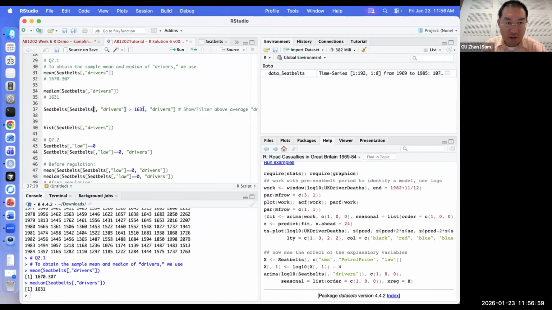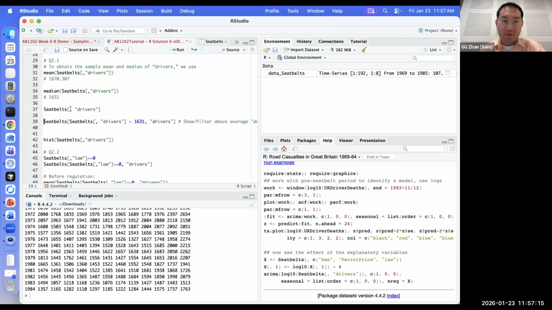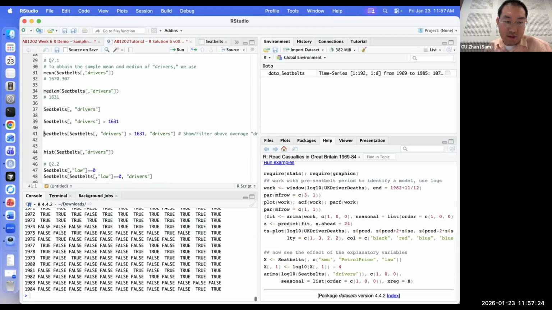So this driver count is greater than this. To the left of the comma is a condition, right? If we do not add any condition, we have this, all the total drivers. Now I need to add a condition. The condition is that drivers is greater than 1631.